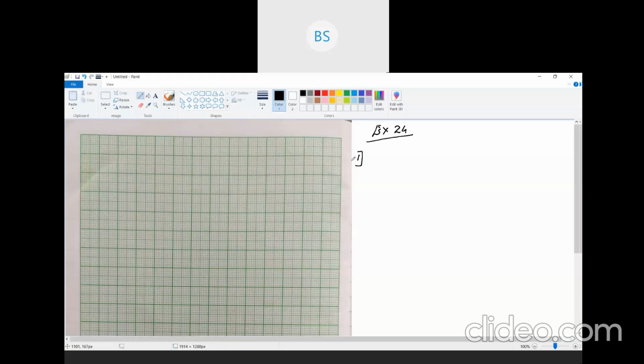They have told us to draw a histogram to represent the following data, where they have given marks starting from 0 till 60 with a class interval of 10. So 0 to 10, 10 to 20 are the class intervals given, and then they have given the number of students, that is the frequency.